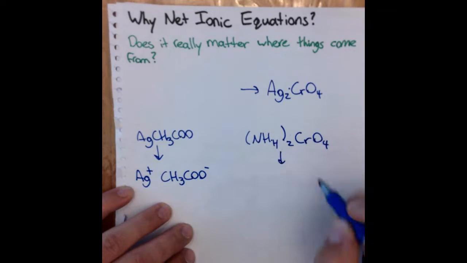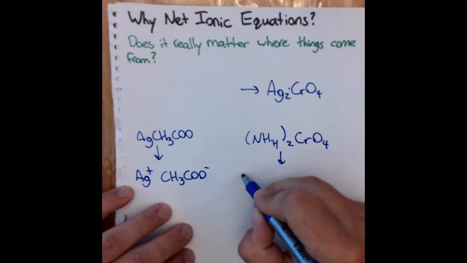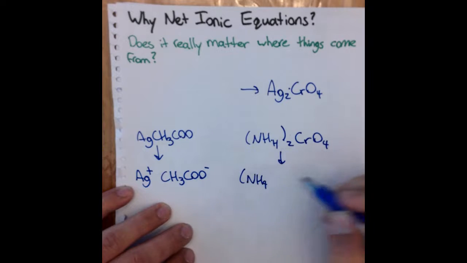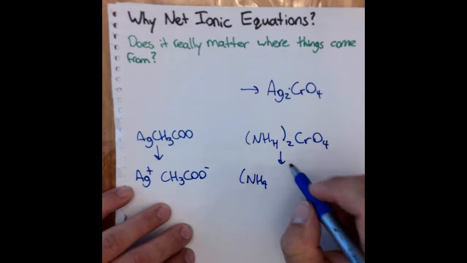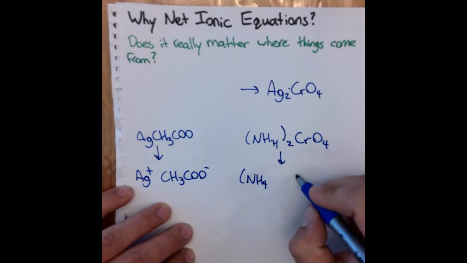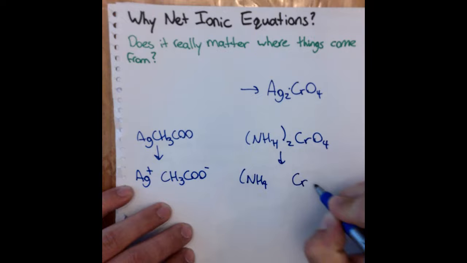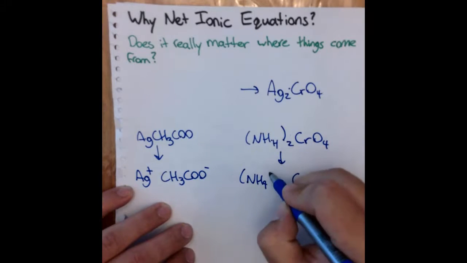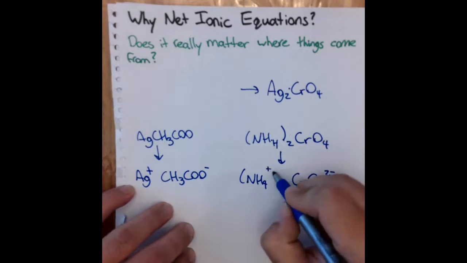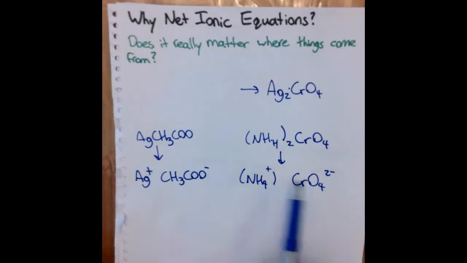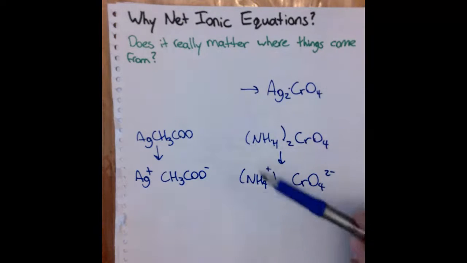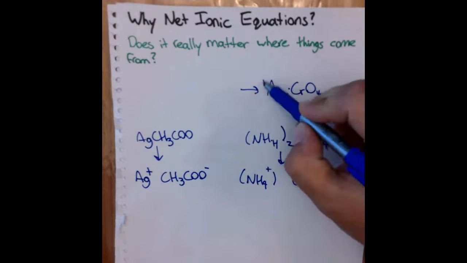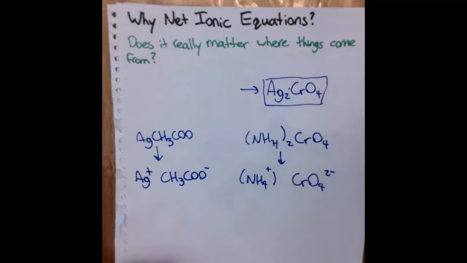Again, once these are put into solution, it's just going to make ammonium ions, which are NH4 plus, and it is going to make chromate ions, which are CrO4 2-, and that is going to be plus. So either or here, right? This reaction would still form silver chromate, even if we had different reactants.